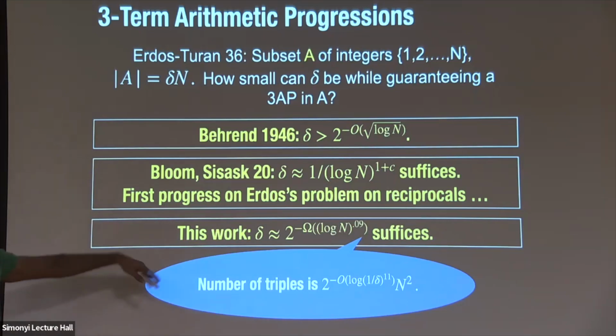In fact, many of the results that I mentioned before, even with 1 over log n and so on densities, don't just show the existence of a single AP, they actually show the existence of many 3-term arithmetic progressions, almost what you would get for a random set. That is also true for our work, but I'm not going to emphasize that much.